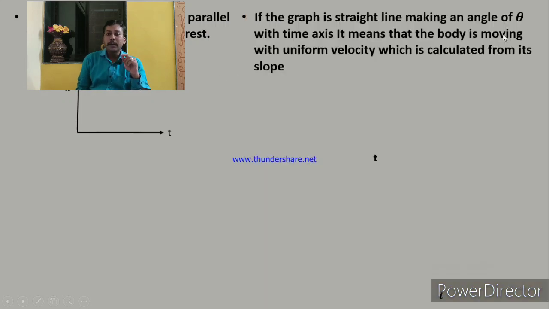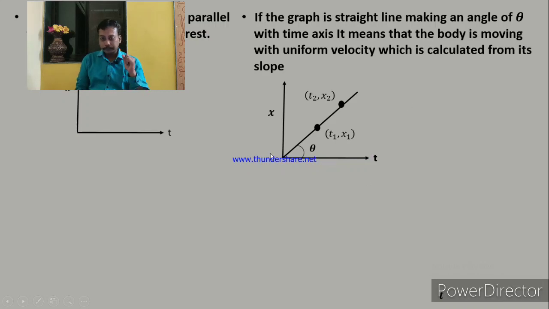Now second, if the graph is a straight line making an angle theta with the time axis, it means the body is moving with uniform velocity, which is calculated from its slope. In the first condition the graph was a straight line parallel to the time axis. Here the graph makes an angle theta with the time axis.